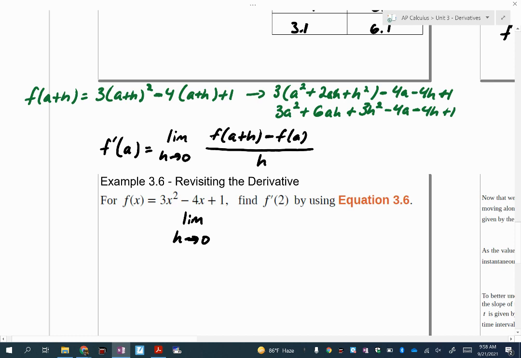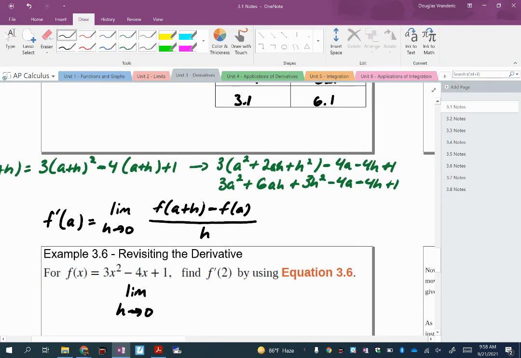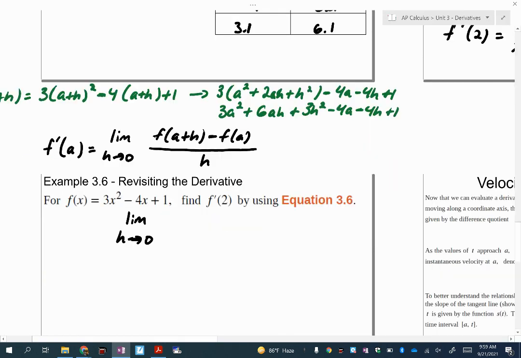All right, let's combine like terms and put it into our actual problem. So I know I'm going to have 3a squared plus 3h squared plus 6ah. And then I'm going to have minus 4a minus 4h plus 1.